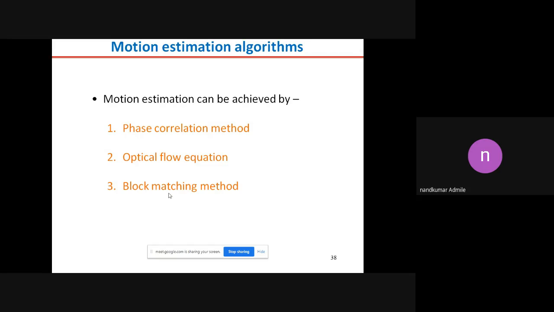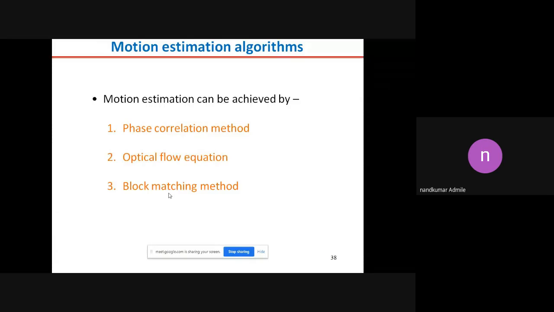Now if we have to detect the motion of a particular video, in a video the object can be moving from one place to another place. To detect the motion of that frame, we have to consider the motion estimation criteria, or we can call them different motion estimation algorithms.